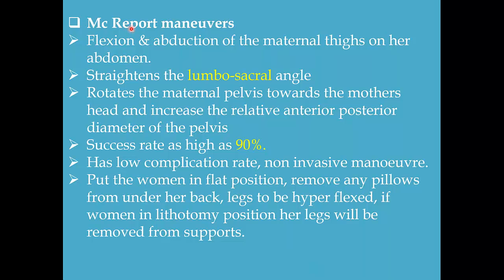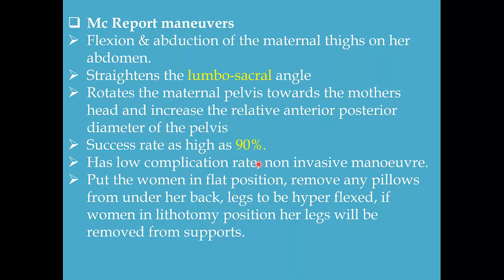There is flexion and abduction of the maternal thigh on her abdomen. It straightens the lumbosacral angle and rotates the maternal pelvis towards the mother's head and increases the relative anterior posterior diameter of the pelvis.